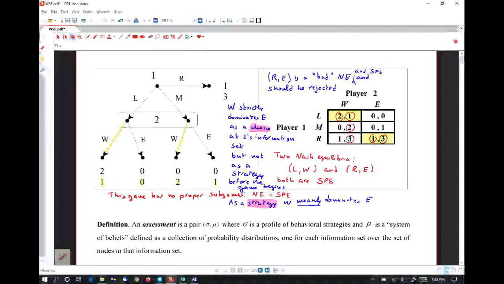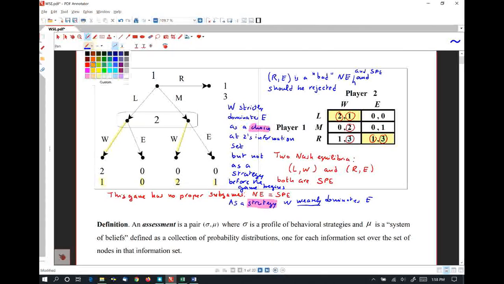So, for example, in this game, for player 2, imagine that player 2 is told that she has to move, that player 1 played L or M, and she could form some beliefs about what player 1 did.